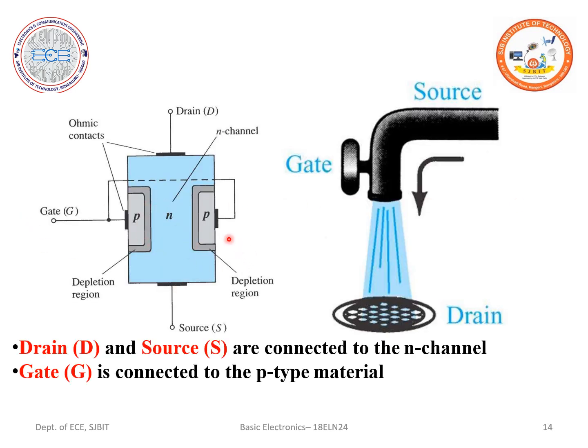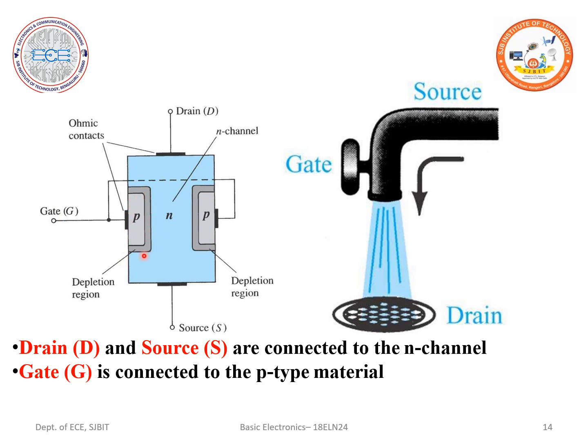Looking at the channel, we have the P regions, and in between we have the N tub, which we call the N channel. These are the ohmic contacts, made for the connections, and this is the gate terminal.